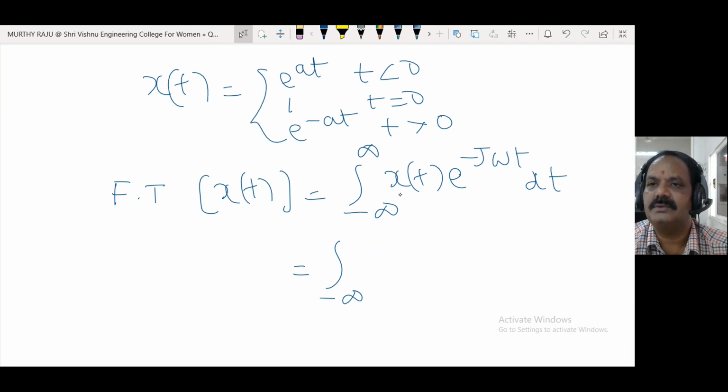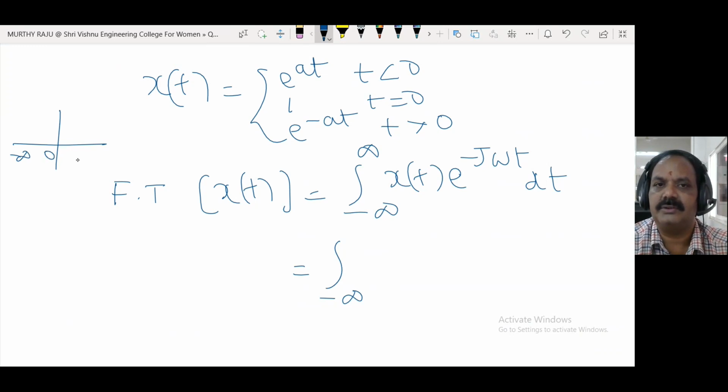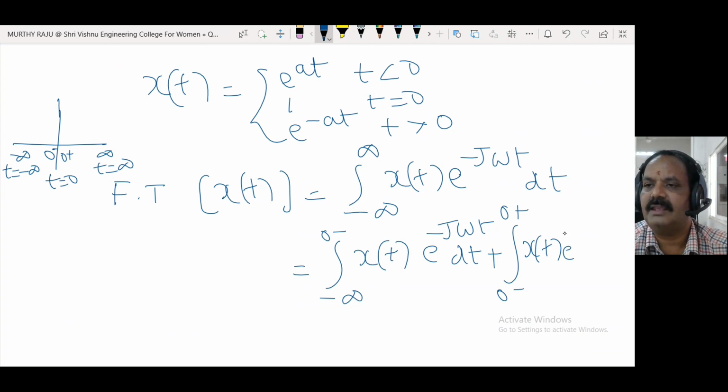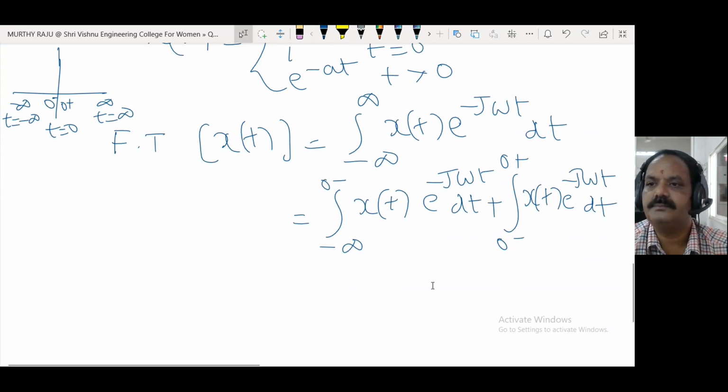The interval is split into three intervals: minus infinity to 0 minus, 0 minus to 0 plus, and 0 plus to infinity. That is, the integral from minus infinity to 0 minus of x of t e power minus j omega t dt, plus the integral from 0 minus to 0 plus of x of t e power minus j omega t dt, plus the integral from 0 plus to infinity of x of t e power minus j omega t dt.